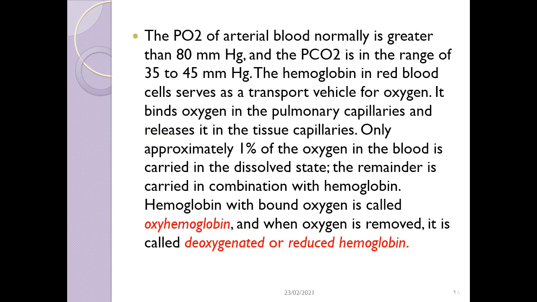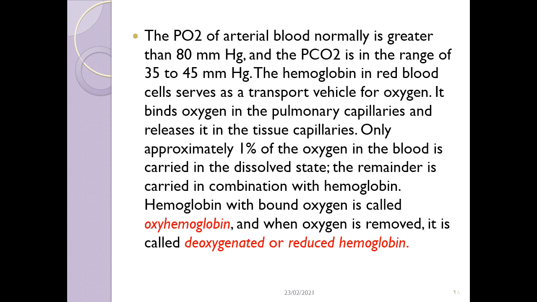The partial pressure of oxygen in the arterial blood is normally greater than 80 mm mercury, while the partial pressure of CO2 is in the range of 35 to 45 mm mercury.